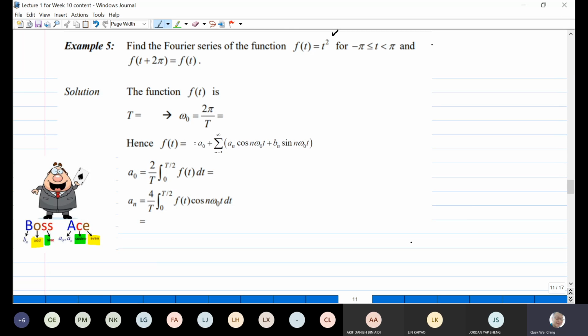And the period is actually 2 pi, from minus pi to pi, so this interval is T equals 2 pi. Every 2 pi the pattern repeats.